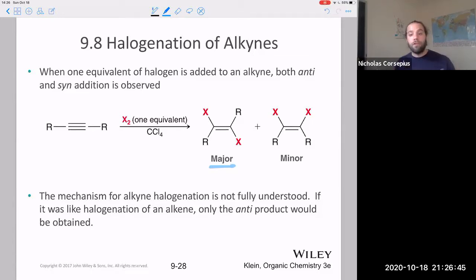But you do only have one addition, and let's point out real quick, the key here is that the halogens are, in both cases, added to each one of those carbons. So one halogen to one carbon, one halogen to the other carbon. They're not going onto the same carbon. So this is with one equivalent. We do stop at an alkene, and that alkene is now a dihalide, and importantly, it's a vicinal dihalide, so they're on opposite carbons.